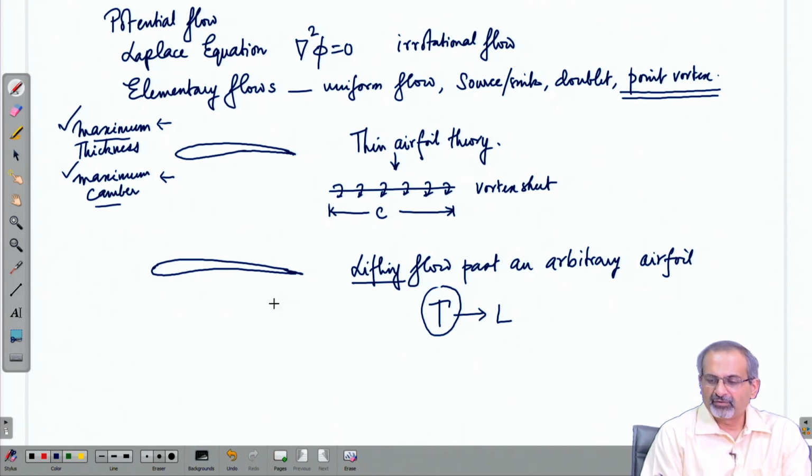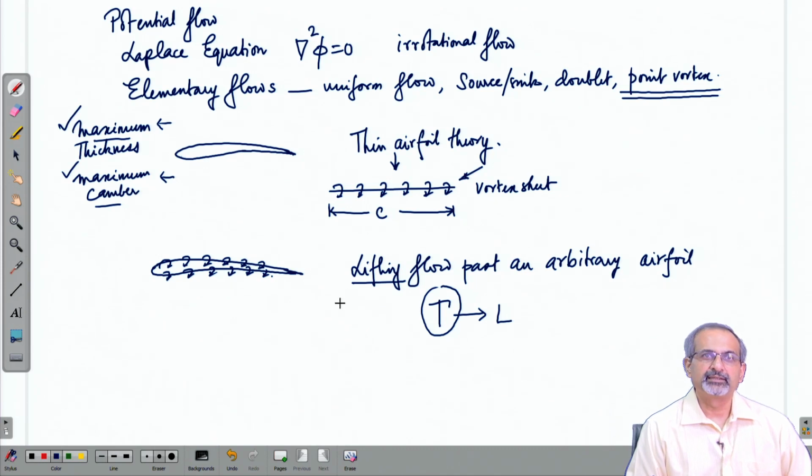Now, instead of defining a vortex sheet of this kind, in the panel method we will follow a different procedure, where vortices will be placed on the surface directly, and they will not be placed as a continuous vortex sheet, but rather in a discrete form.